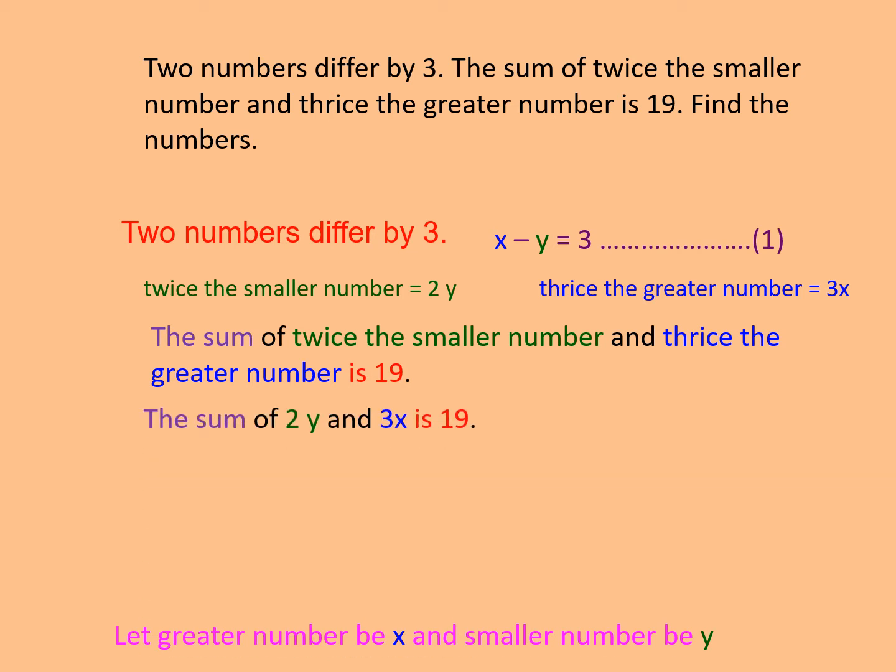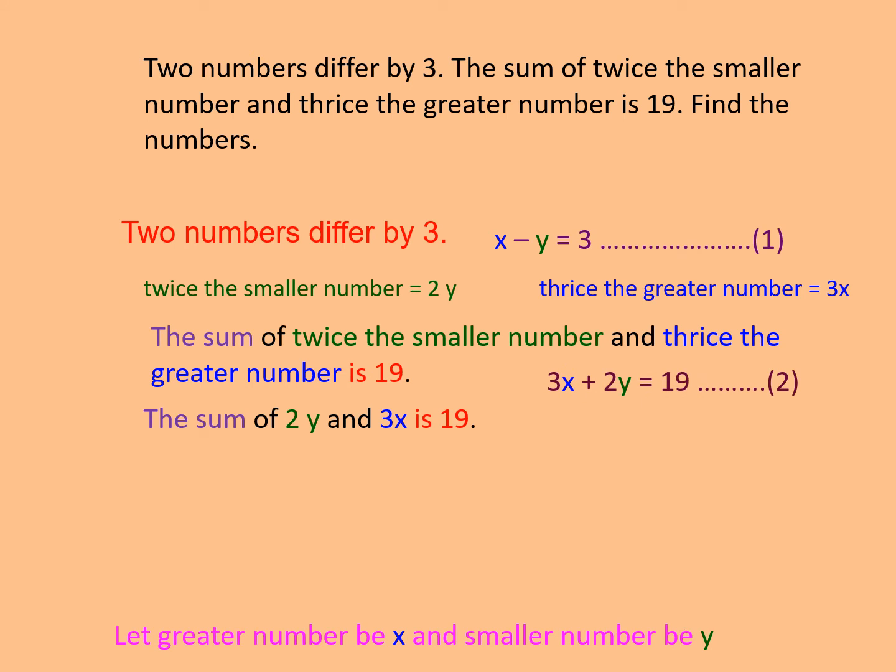The full big sentence is converted into a small sentence: the sum of twice the smaller number 2y and thrice the greater number 3x is 19. The same thing in mathematical form: 3x plus 2y equals 19.